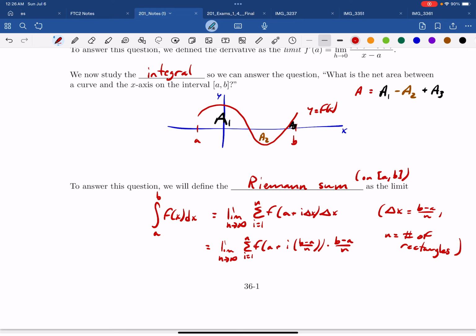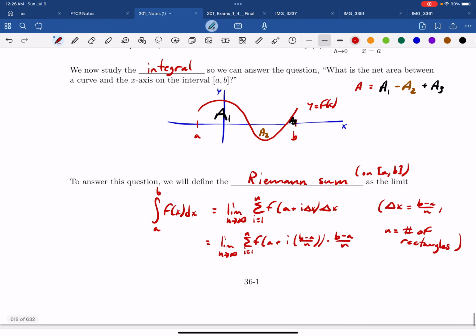Now again, you probably should be feeling a little intimidated, but don't be. We're not worrying about this right now. I'm just showing you this is the end game.